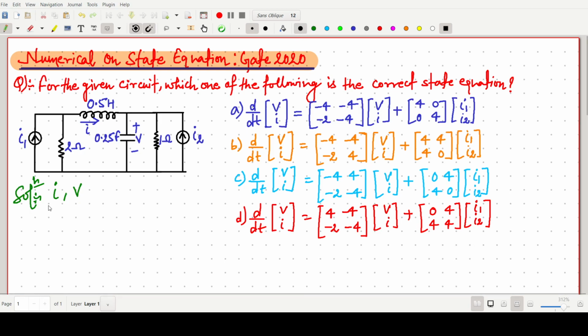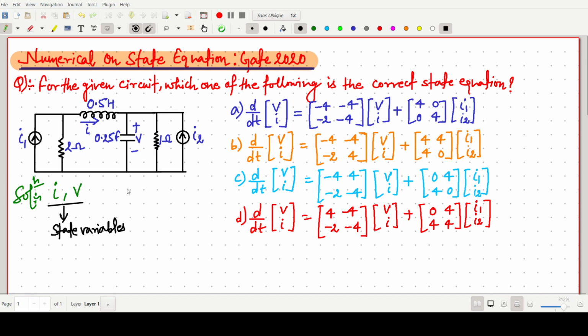These two are the state variables, which is clearly mentioned. This current is basically IL, but in the question it is given as I, so I am assuming I. The current across the inductor should be considered as one state variable, and the voltage across the capacitor will be the other state variable.